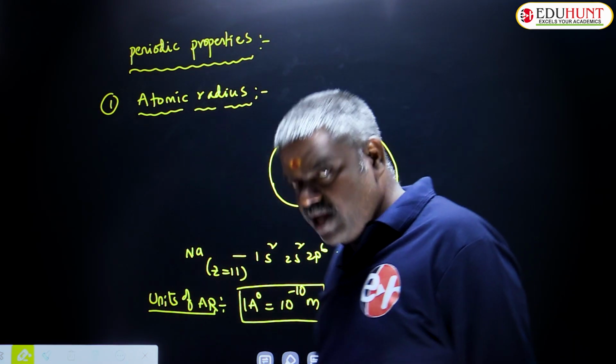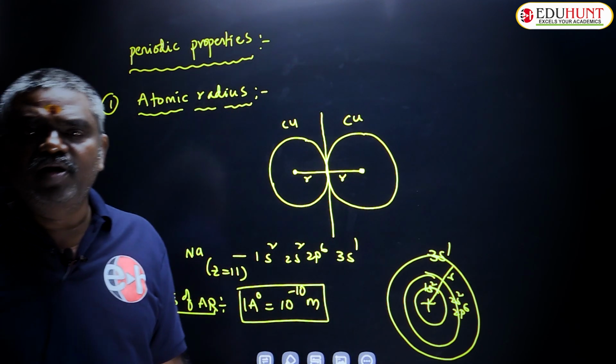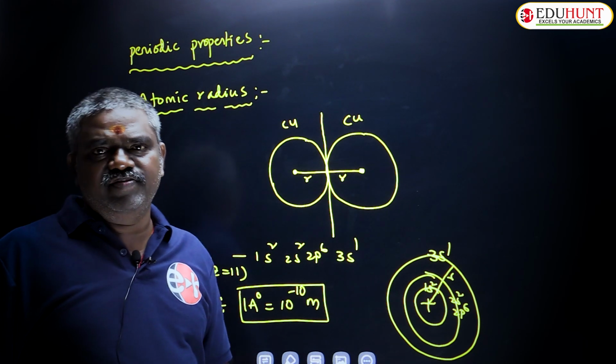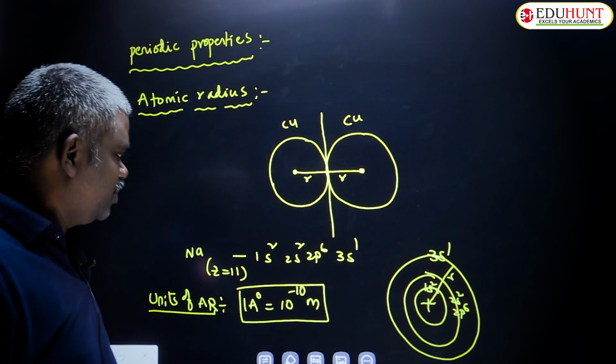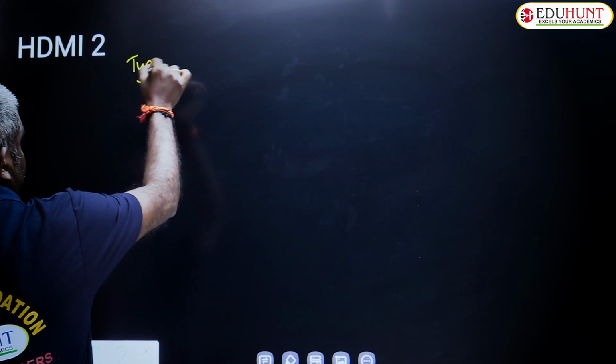But based on the bonding between two atoms, the atomic radius is divided into different types. Now, types of atomic radius.